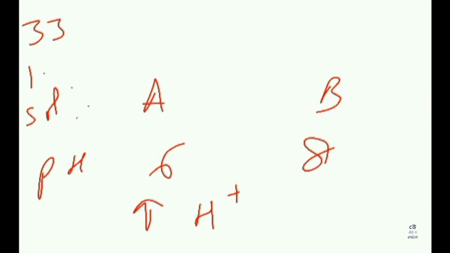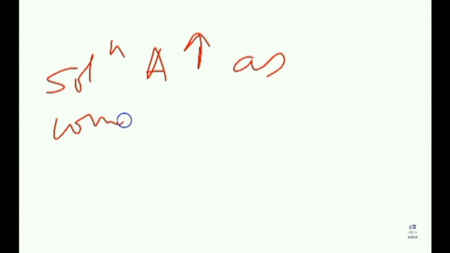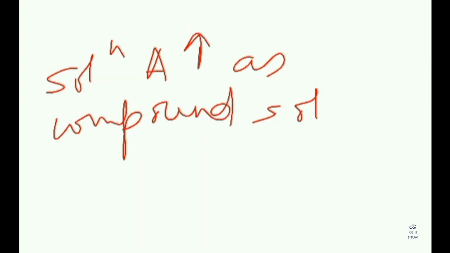So we'll say that hence solution A will be having more hydrogen ion concentration as compared to that of solution B. Because obviously if we compare the pH of both, A is acidic in nature and B is basic in nature. So the one which is acidic in nature will obviously be releasing more amount of hydrogen ion.